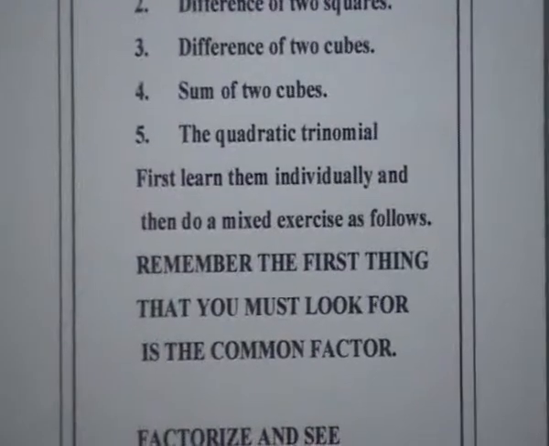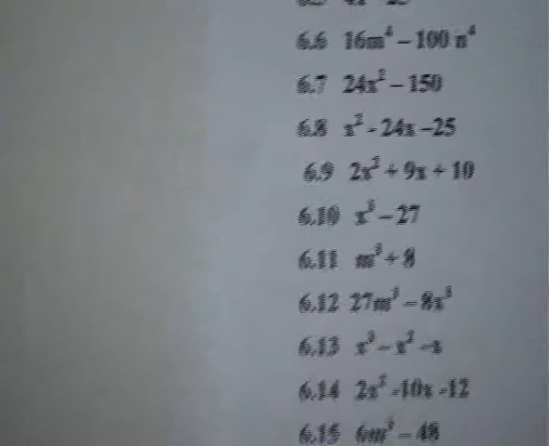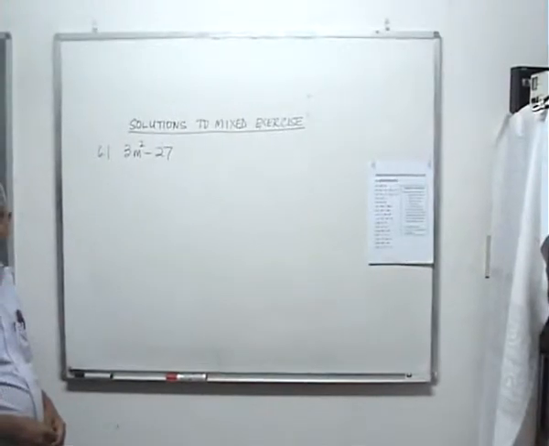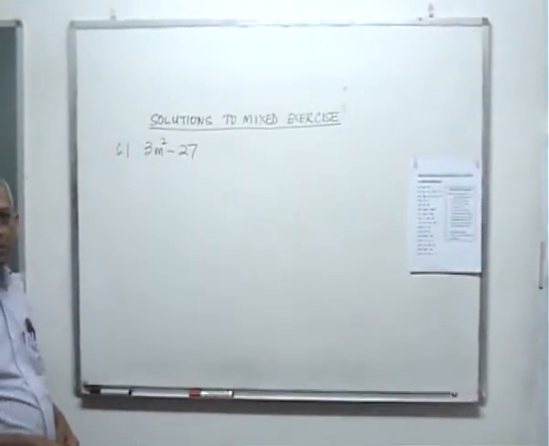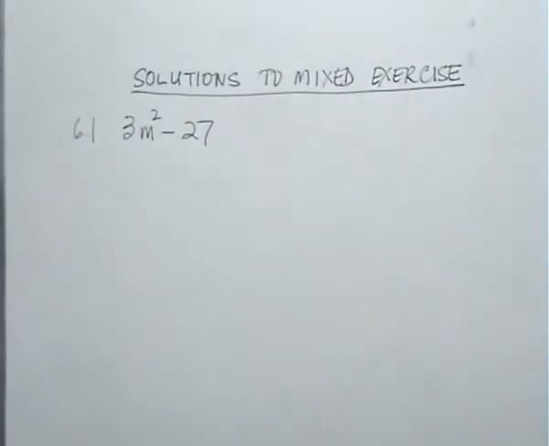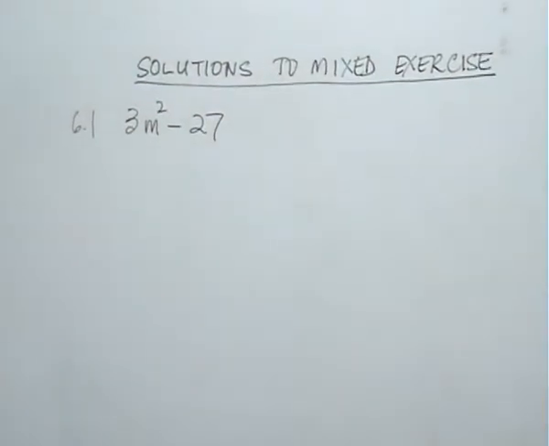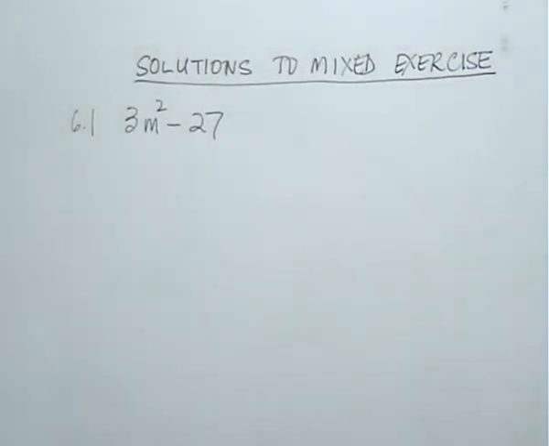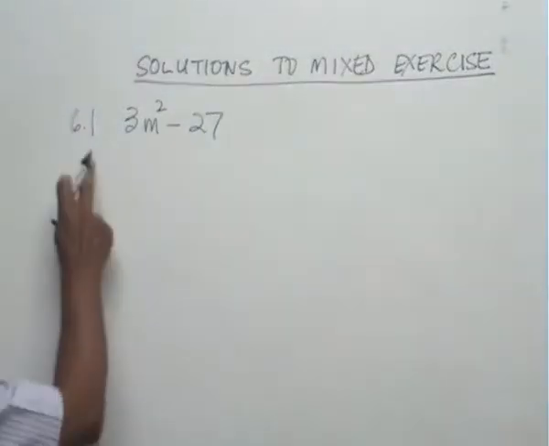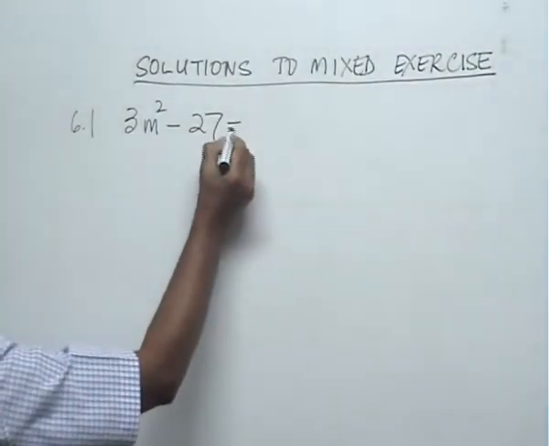So here we have 6.1. Alright, so when we look at 6.1, the first thing we've got to look for is a common factor.